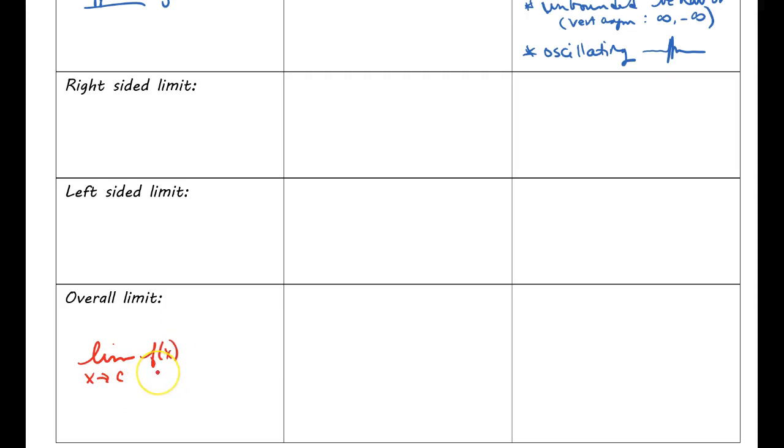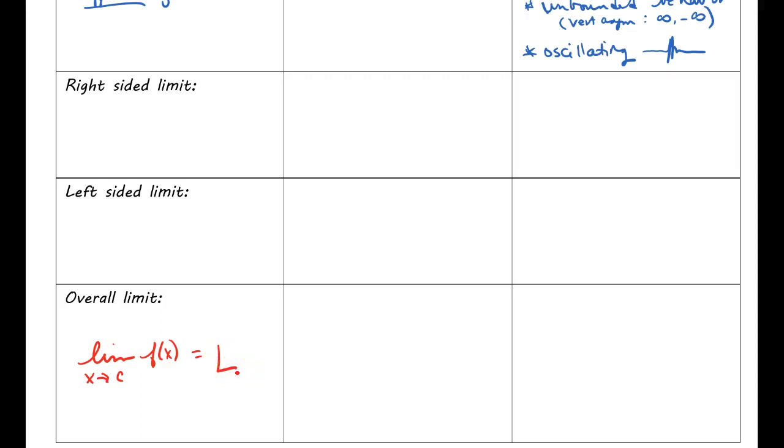Now, our function, I don't want to write an equation because it's a piecewise function, but sometimes there's an equation there. But we're just going to call it f of x is equal to L. That is how you do the notation for overall limit. The way you read it, the limit as x approaches c for f of x is L.